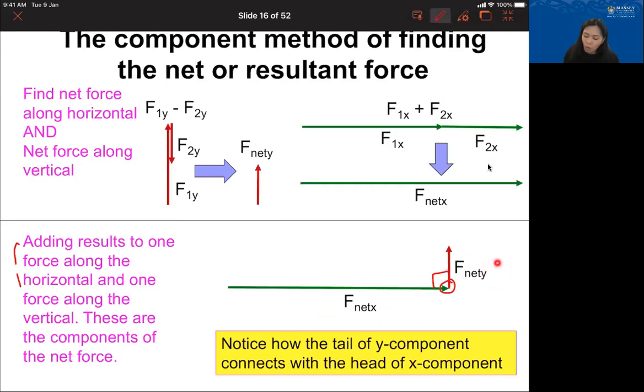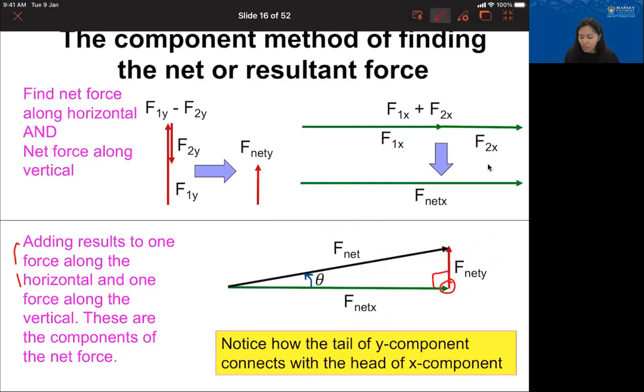So you have the y component of the net force and the x component of the net force. The diagonal of this right angled triangle will now be the net force, or the total force, that's acting on the object.